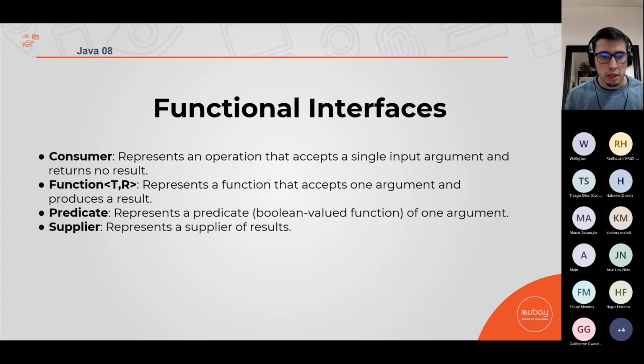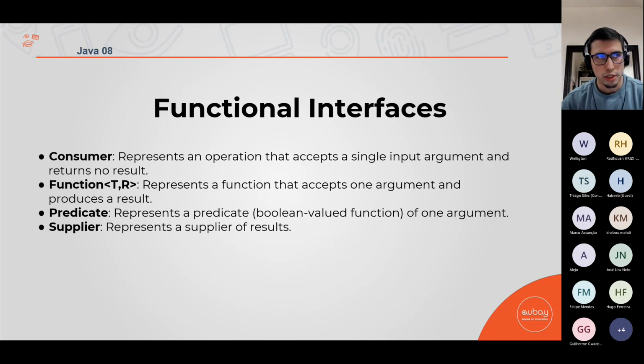If you are using, for example, .map, you are using a Function, which represents a function that accepts one argument and produces a result. So usually when you use .map, we try to change our stream data. If you are using .filter, you are using the Predicate. And what is a Predicate? A Predicate represents a boolean-valued function of one argument.